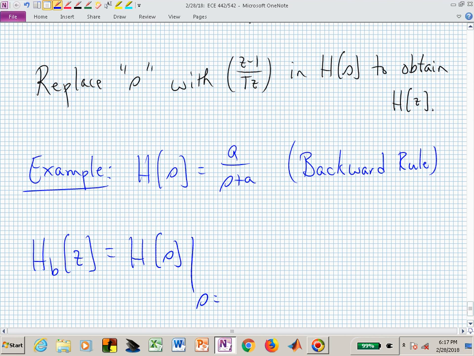So if this was a higher order polynomial, numerator and denominator, everywhere we would have an s, we would square it, cube it, but it would be this expression, z minus 1 over Tz, that would be squared or cubed, etc. So it could get a little bit gnarly in terms of computing, but the concept is not hard. In this case, we're replacing s with z minus 1 over Tz, or we now have a over z minus 1 over Tz plus a.